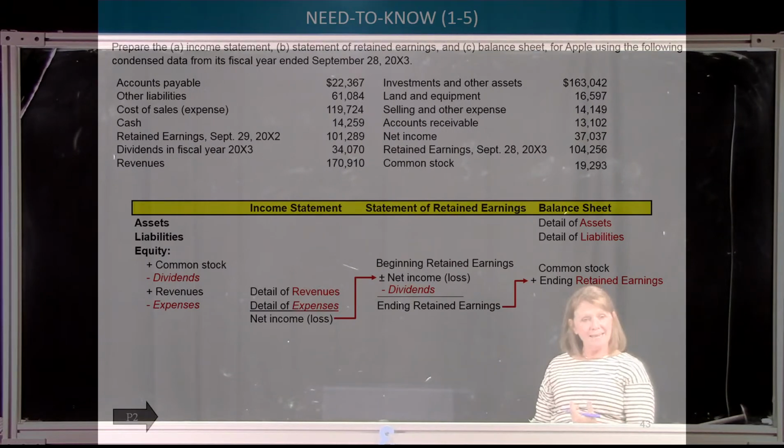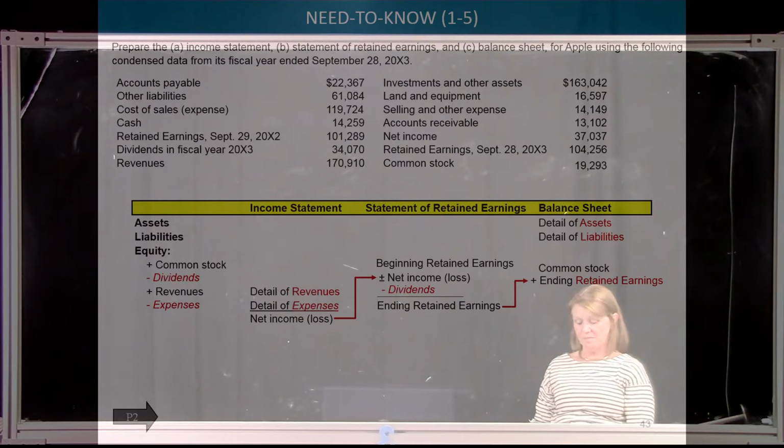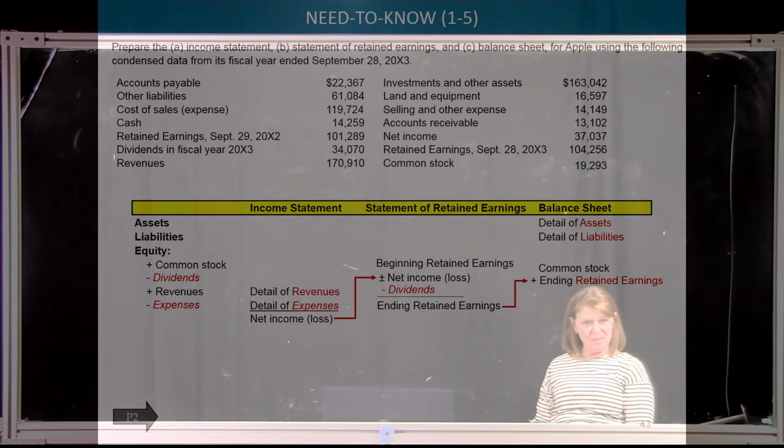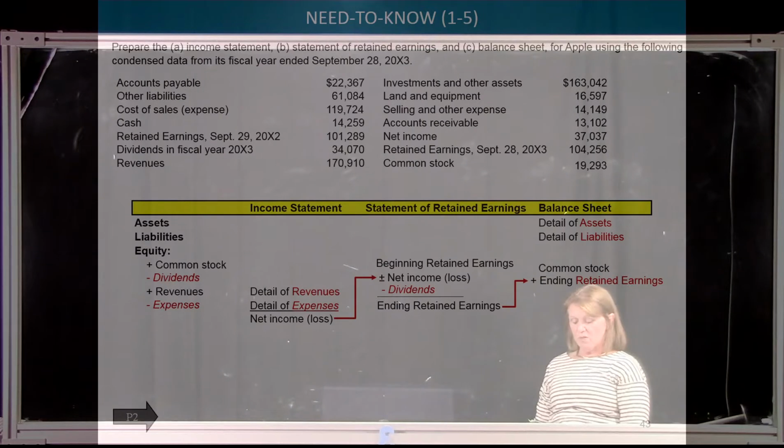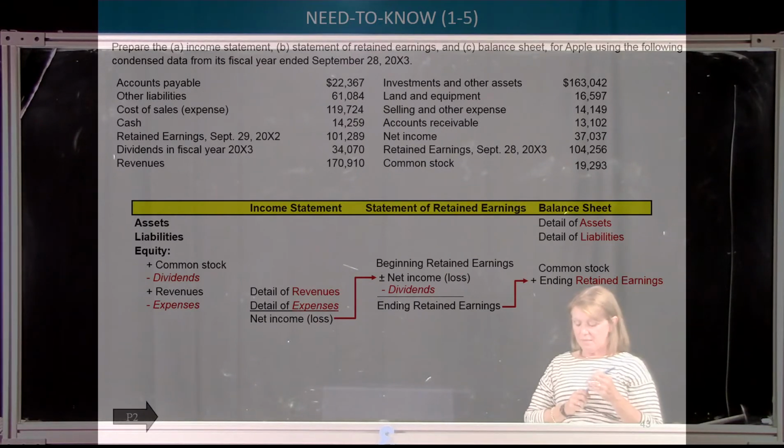Accounts receivable is an asset, it's money people owe you, so it goes on your balance sheet. Net income is your revenue less your expenses. It will be on your income statement and then transfer over to your statement of retained earnings. We know what our retained earnings are. They go on our statement of retained earnings, and common stock goes on your balance sheet. All right, let's work through these.